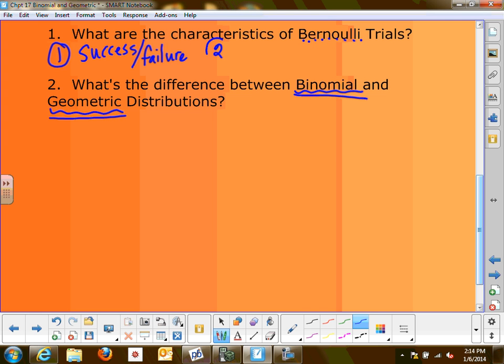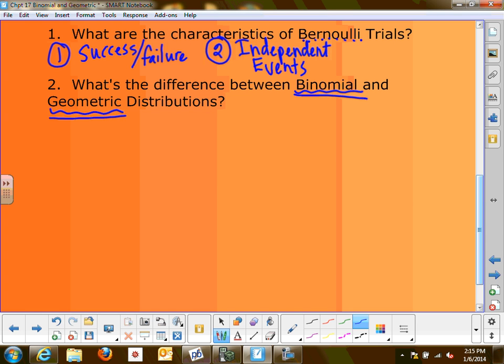The second characteristic is that you have independent events. For example, you would have independent events if the fact that you got stopped at the red light Monday is not going to change whether you get stopped at the red light Tuesday.